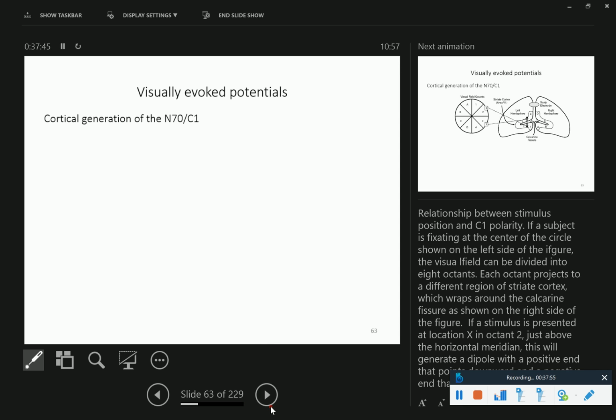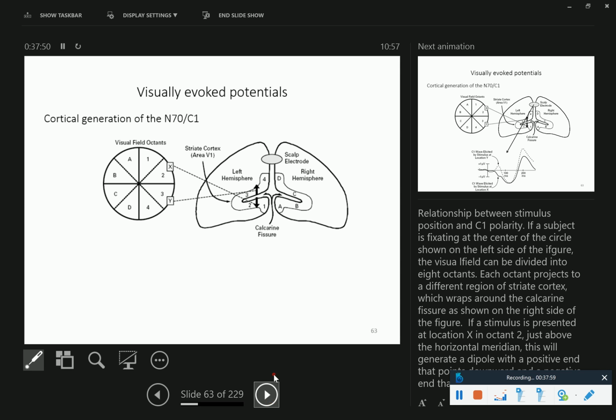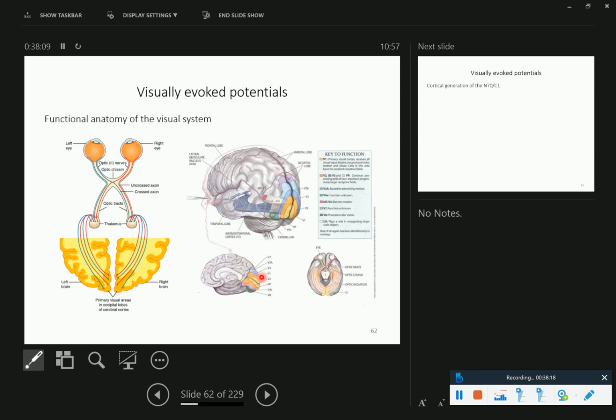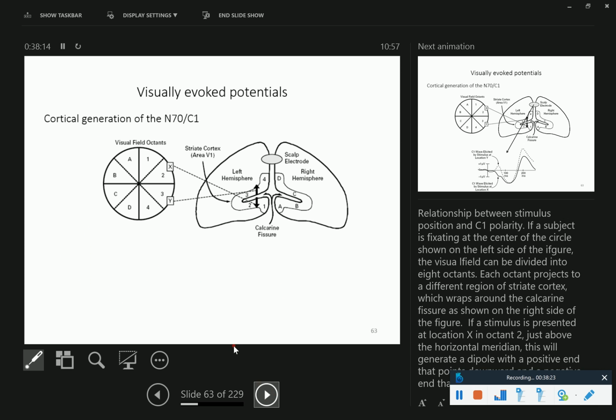If one goes a little bit more into the anatomy of the visual system, one finds, again from the Luck book, that the upper part of the visual field is projected to the lower bank of the calcarine fissure. This representation here is a different way to draw what we see here. And the lower part of the visual field is projected to the upper bank of the calcarine sulcus.